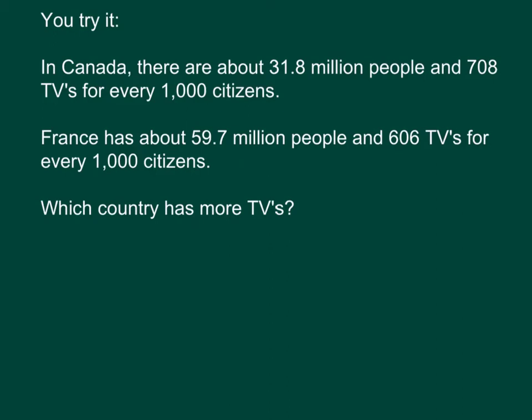Which country has more TVs? So for this problem, you are going to need to solve both of them using a multi-step ratio table and then compare the number of TVs. So it's actually several steps this time around. So again, pause the video and solve these two problems. In a moment, I'm going to have you move on to the next step so you can check to see if you have the right answer.